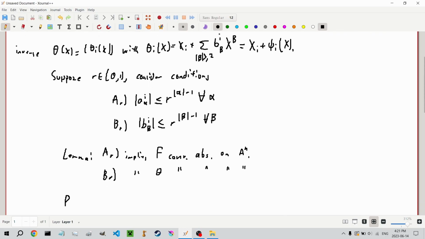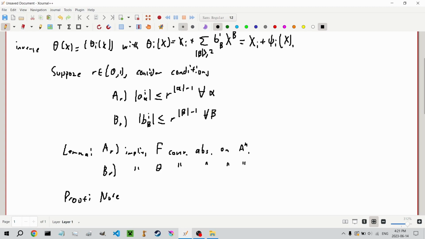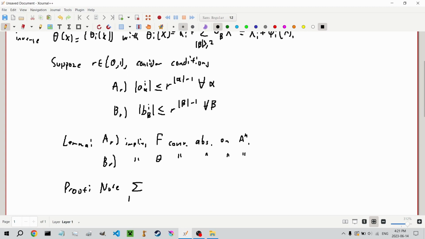And in our proof, we just have to see that the sum over gamma having size at least 0 of r to the size of gamma is equal to 1 over 1 minus r to the n, power of our n, which is going to be finite.